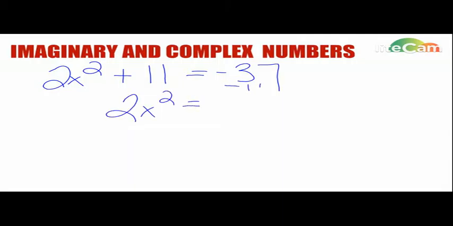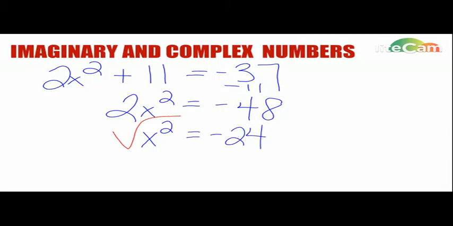All right, now let's work on another problem where we have to solve for x. And this is going to end up being negative. If I subtract the 11 over, I get negative 48. I'm going to divide by 2, and then that'll give me negative 24.